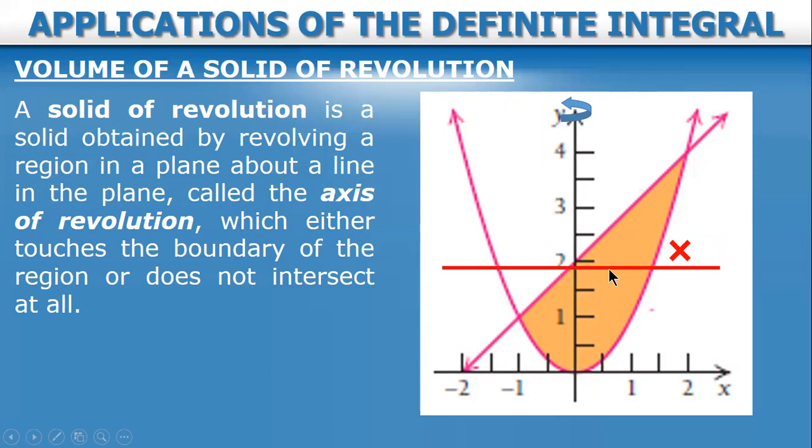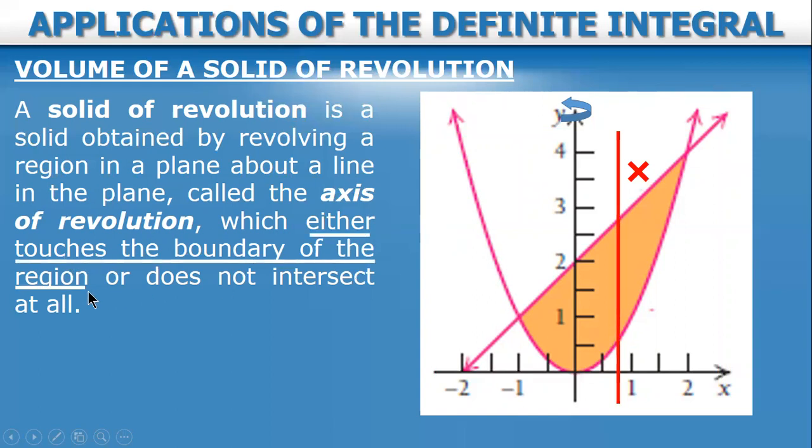You cannot revolve the region about this line or this one, since the line intersects the region. So always remember or bear in mind that the axis of revolution must either touch the boundary of the region or it does not intersect at all. Okay.